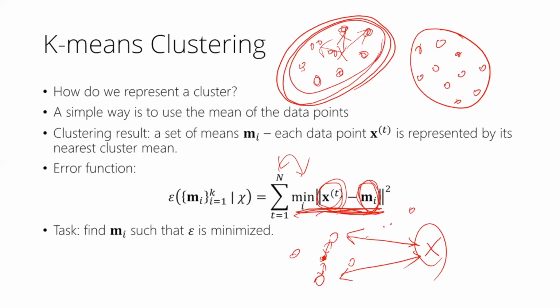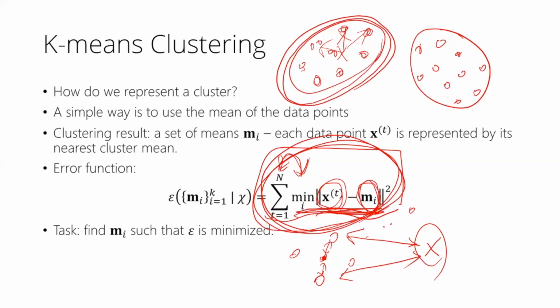Sorry about that. But anyways, if you define the error function of clustering like this, at the end of the day, this is exactly the definition of the average point of a cluster. So the problem boils down to a problem of finding the average of each individual cluster.